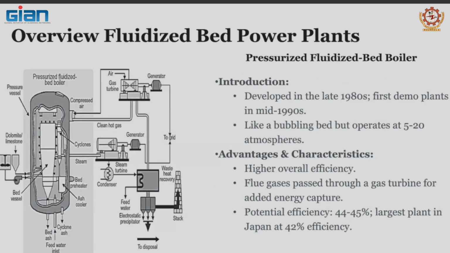So, what is next then? Who is using this? A lot of countries. Even though this was developed in the late 1980s, we had a number of demonstration plants in the 90s, and a lot of utilities started using this, especially in countries like the U.S., Canada, India, China.